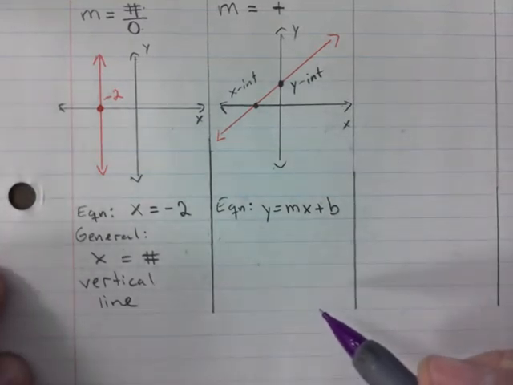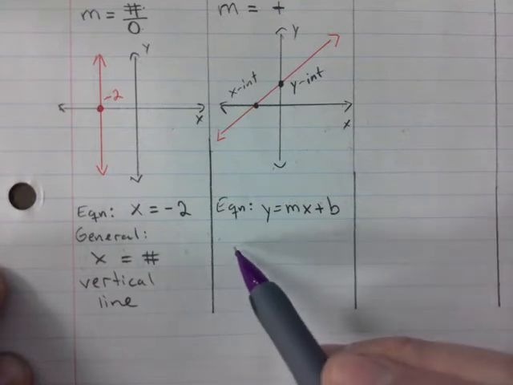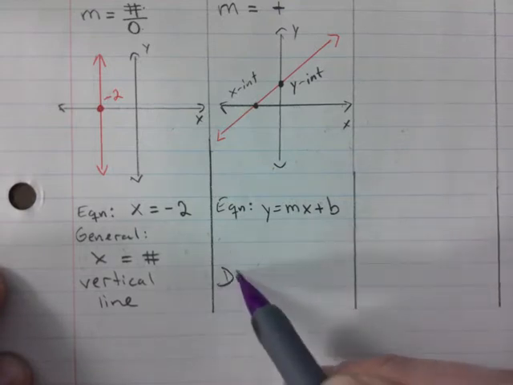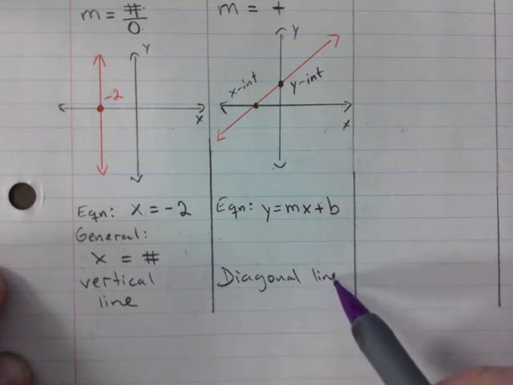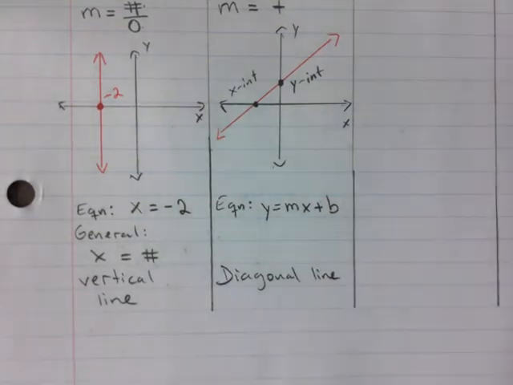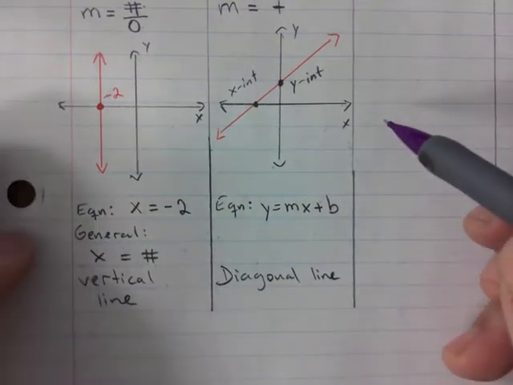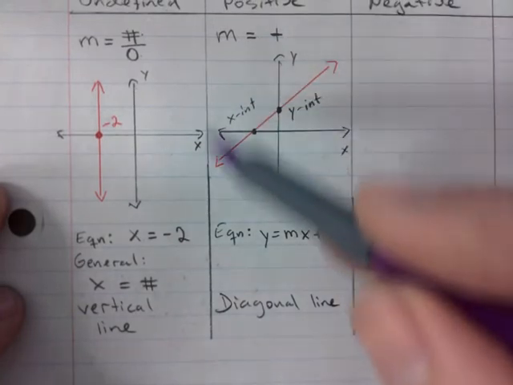A couple of things here. It will be a diagonal line. It's always diagonal. If you have both variables in the equation, it is going to be a diagonal line. It's not horizontal, it's not vertical, diagonal. Okay. Couple more things here. Maybe let's just do it on this one.